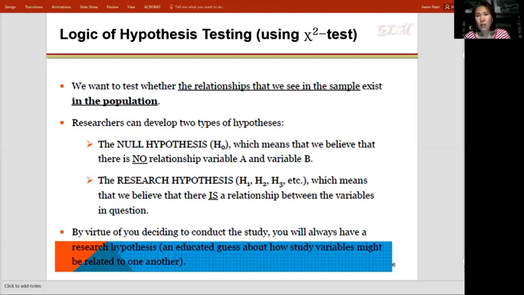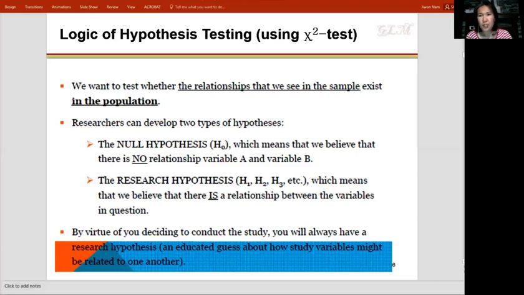When you do not have enough evidence to support the null hypothesis being true, then you reject the null hypothesis, and we call that statistically significant. The researchers' hypothesis is a directional hypothesis, and we do not try to reject or accept it.